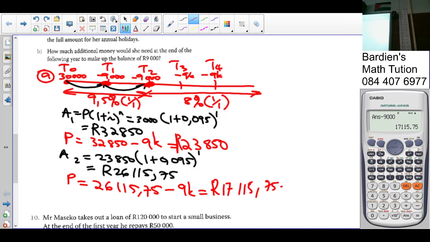Not so? So what happens now? A3 is going to give you 17,115 Rand and 75 cents into 1 plus 0,08. The interest rate changed here, not so? To the exponent 1.